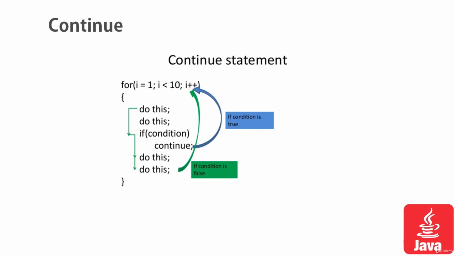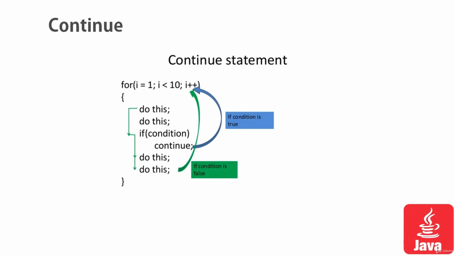In a for loop, we have different statements. Let's say do this, do this, do this. Different statements can be System.out.println or such things. Then we have an if condition, and after the if condition we have the continue. We have two statements before the if and two statements after the if.